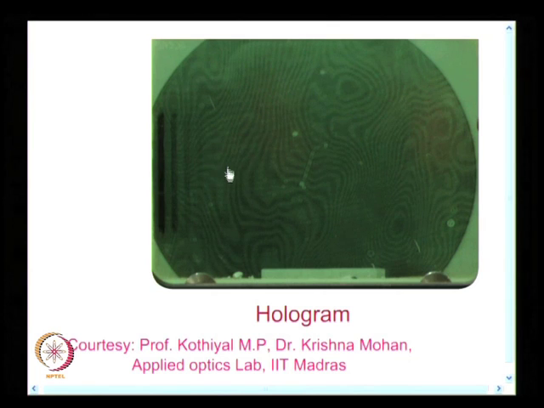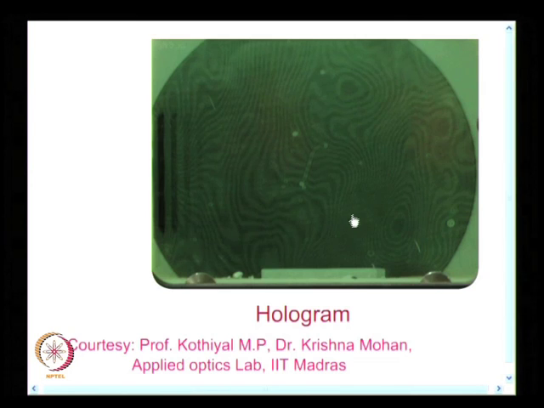This contains information of the swan and Lord Ganesha kept at different distances, and you are able to peep into it. By looking at the hologram with the naked eye, you cannot see the picture. You need to reconstruct it, you need an optical arrangement to do that.